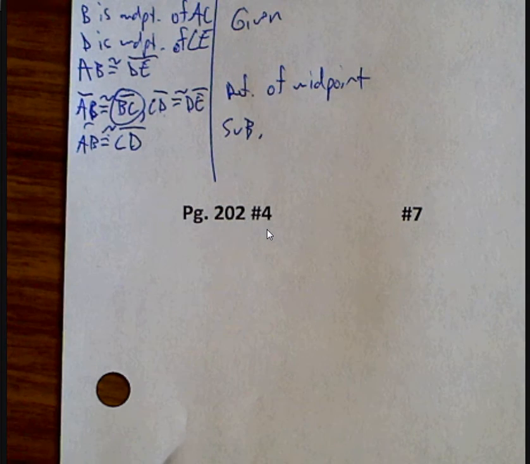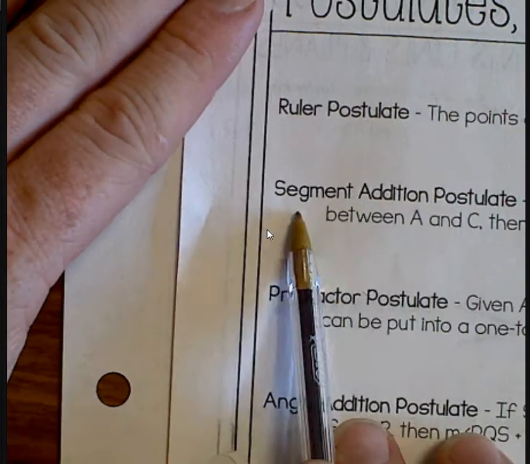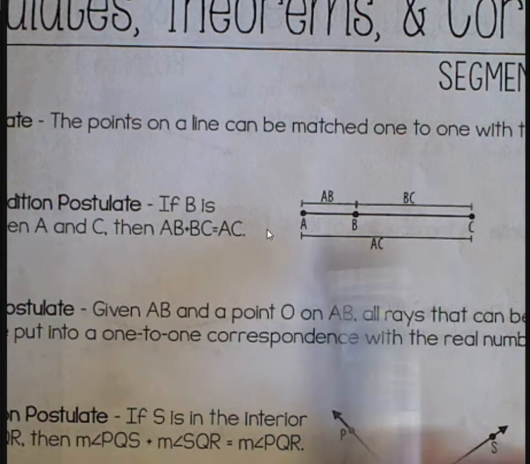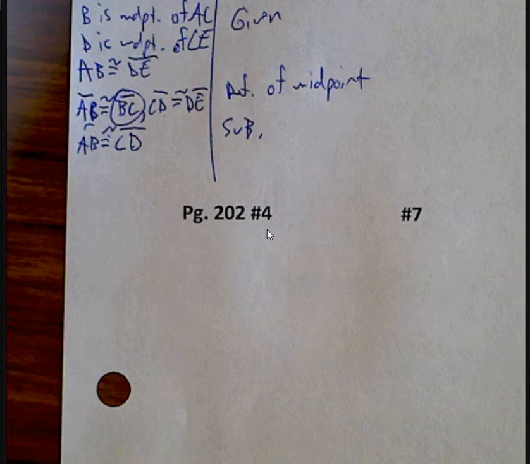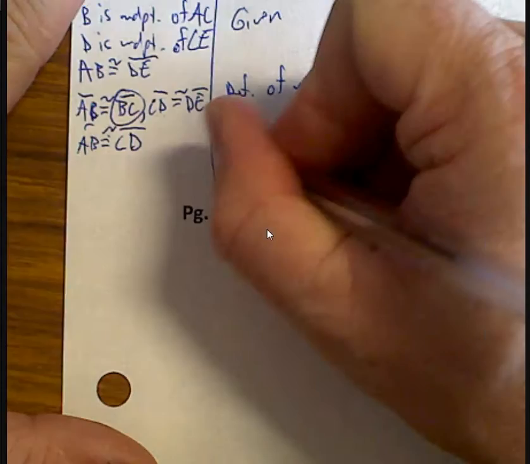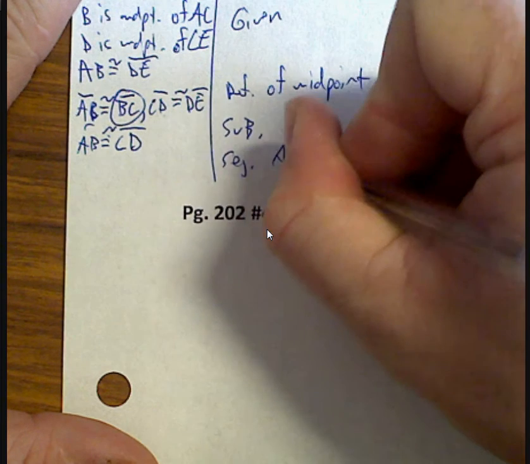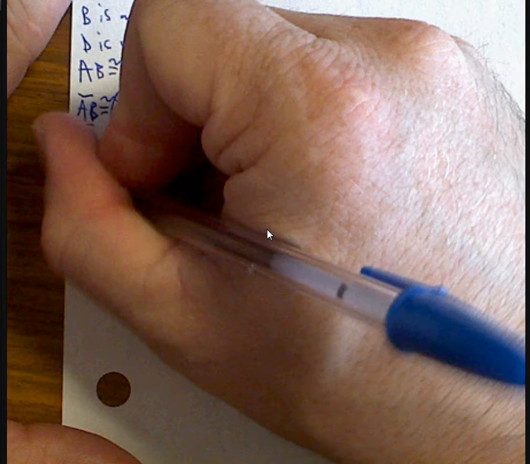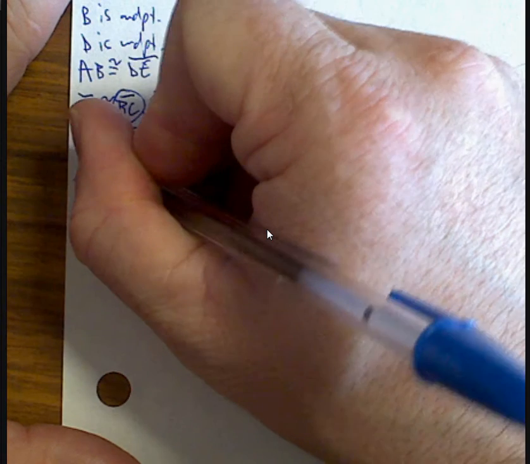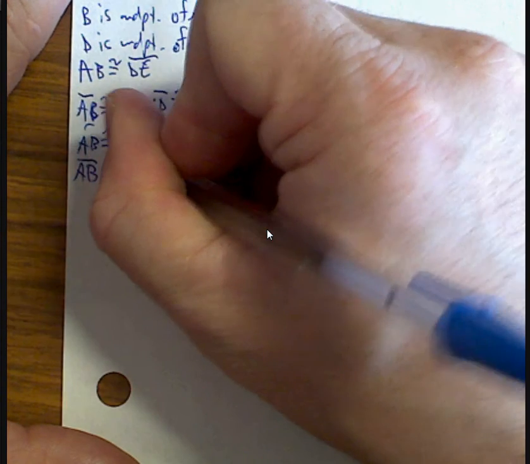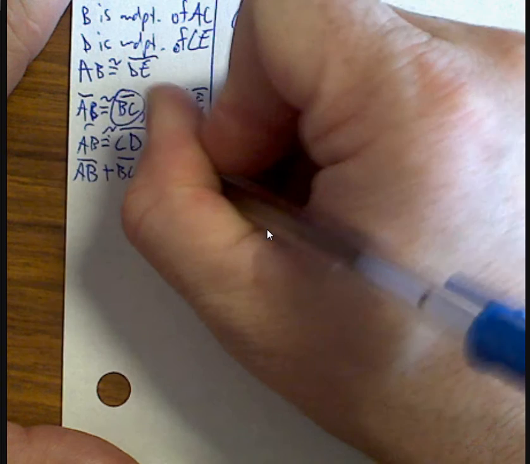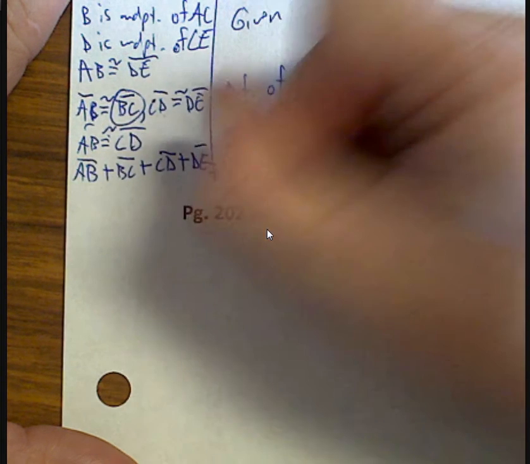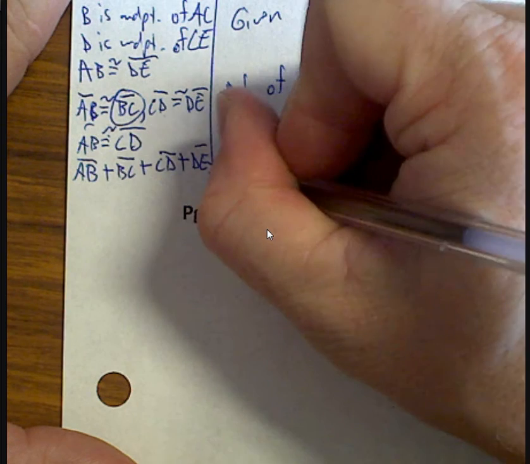If all of those are the same, then I know based off of segment addition that if I have two things between two other things, it has to equal the whole thing. So by the segment addition postulate, AB plus BC plus CD plus DE has to equal the entire thing, AE.